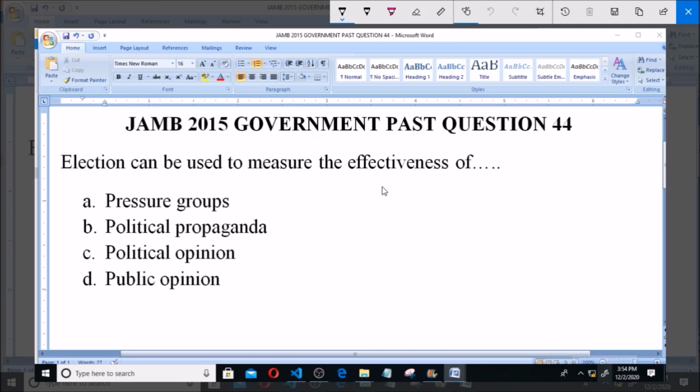Question number 44 says, election can be used to measure the effectiveness of dash.